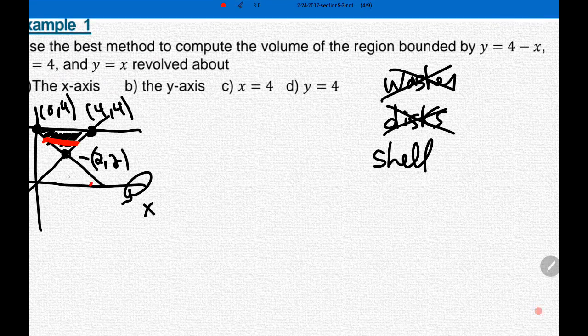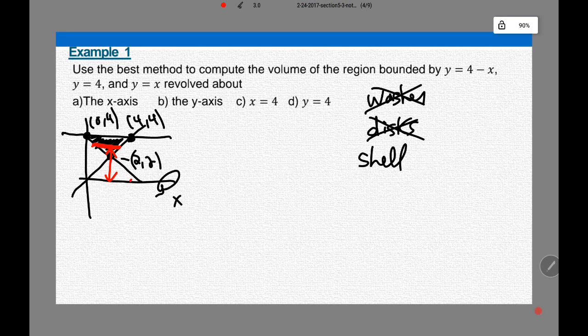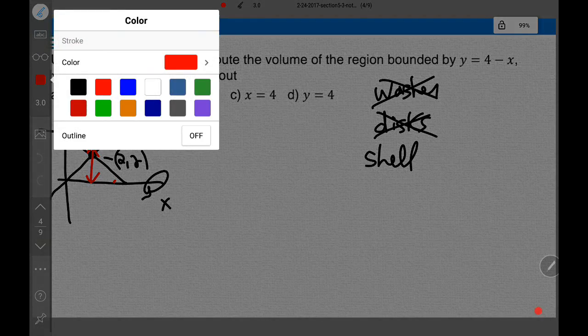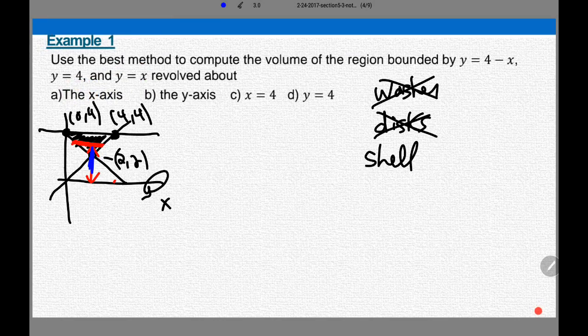So my radius is going to be like this. I thought I switched to blue, but I guess I didn't. So this is my radius here to that height. So I do have nice things like that. So that's why I'm going to pick shells here.